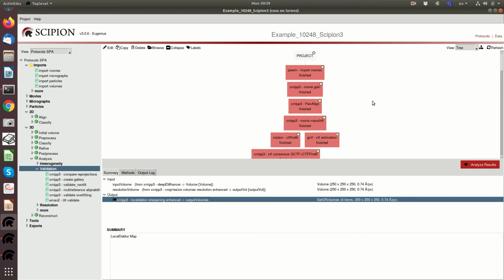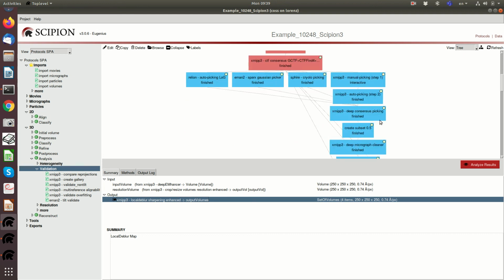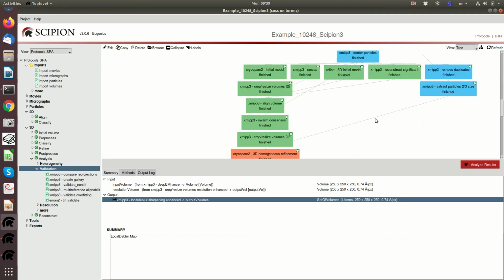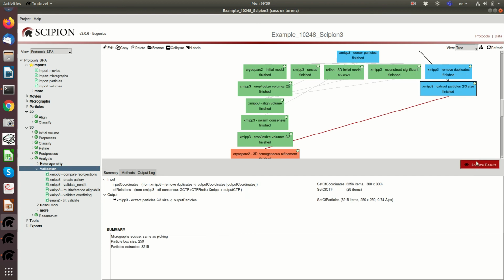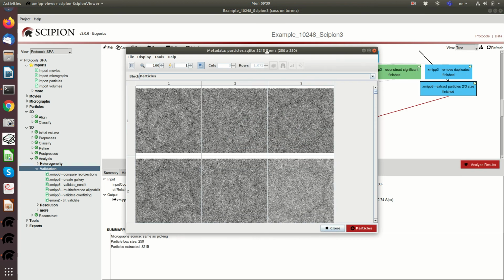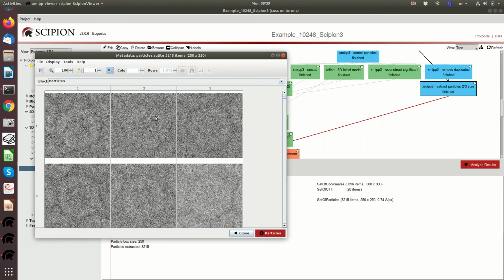And one of the main messages I would like to convey here is that all this 3D structure determination is about determining what is a particle, what is not a particle. That is one of the parameters.